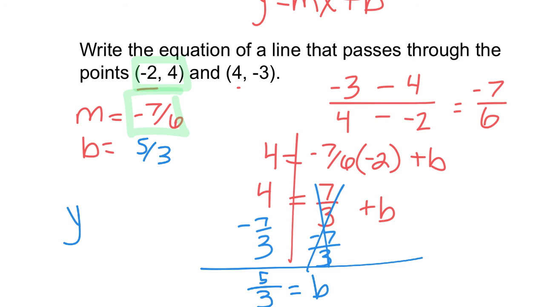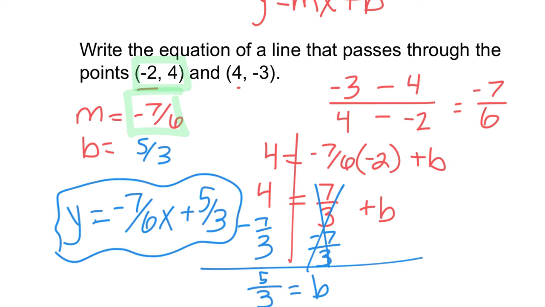And so my equation is y equals negative 7 over 6x plus 5 over 3.